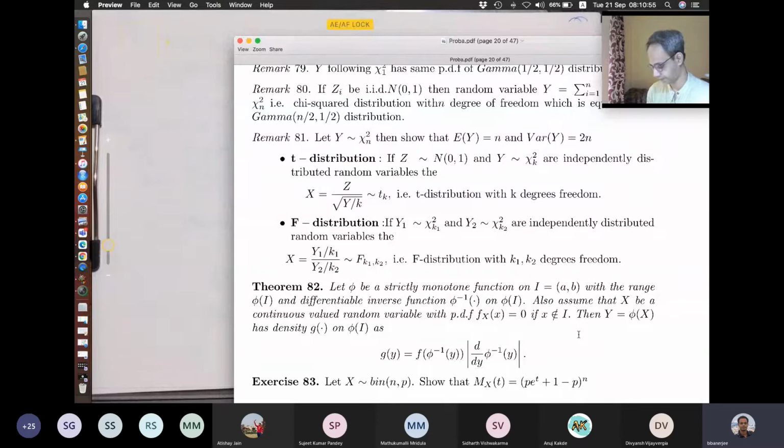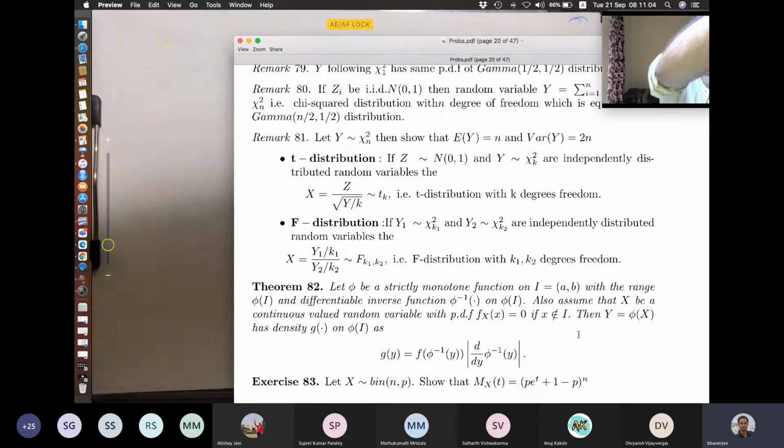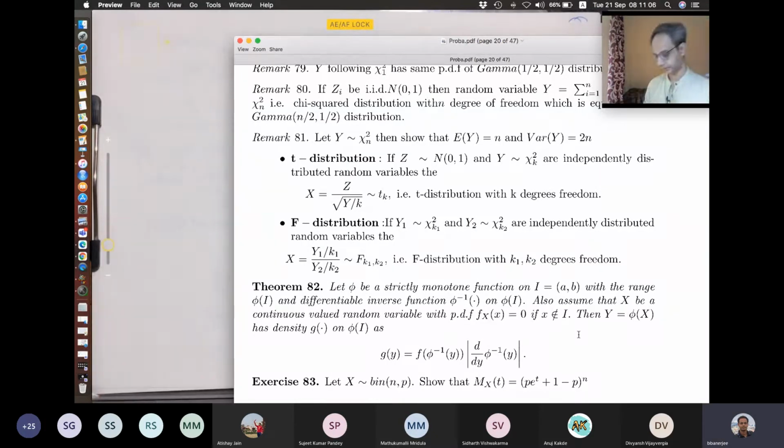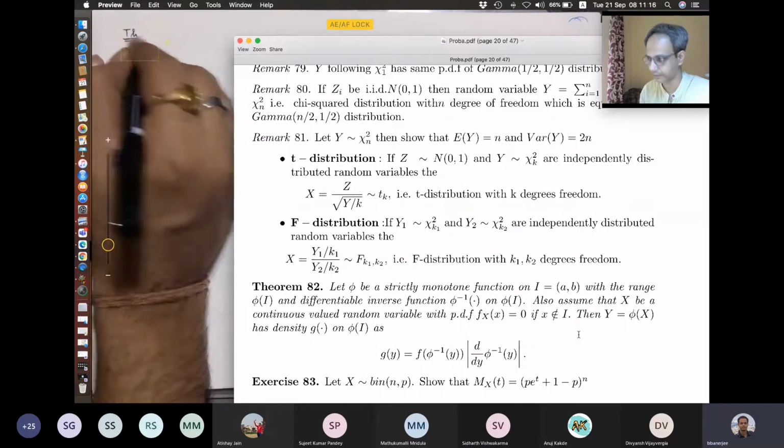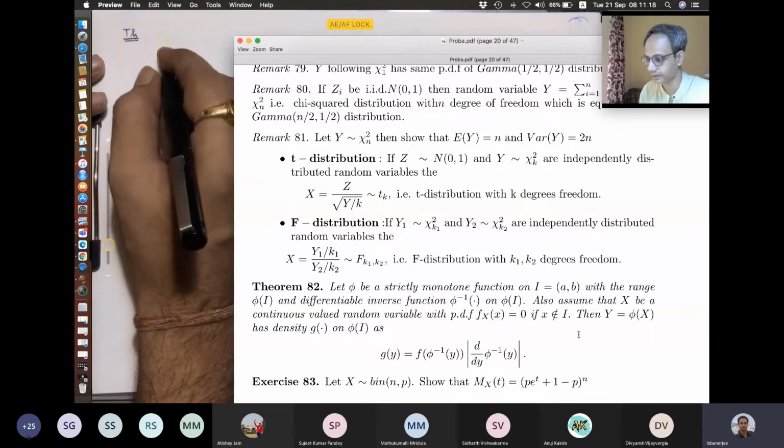So let us consider the situation. I'm just trying to copy this theorem in short. I will open the page, just hold on a little bit.